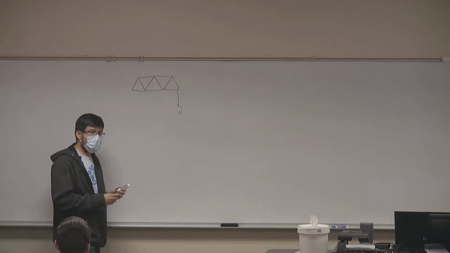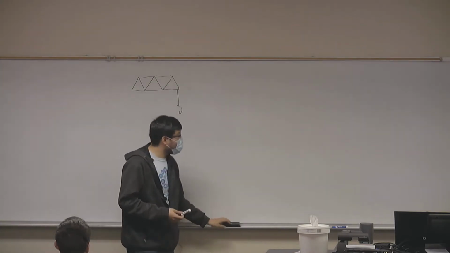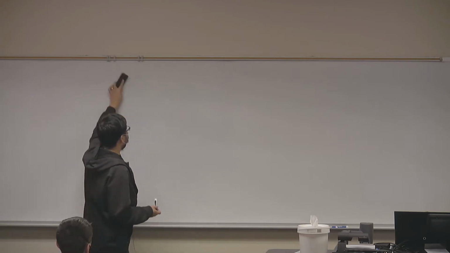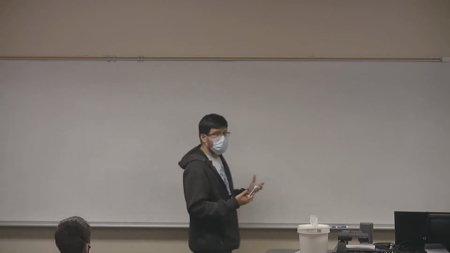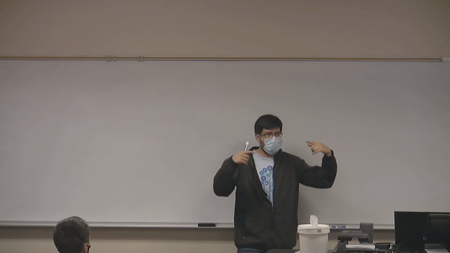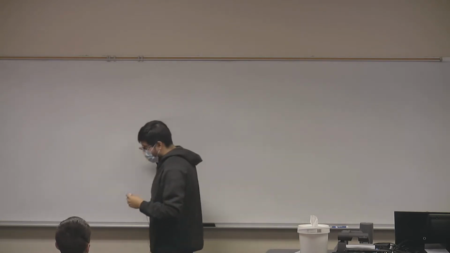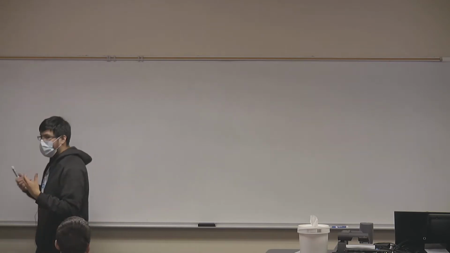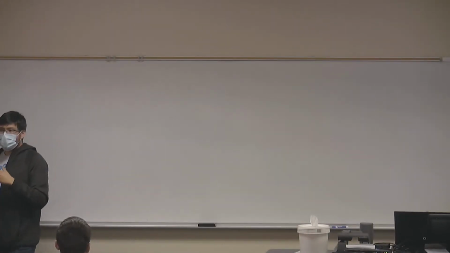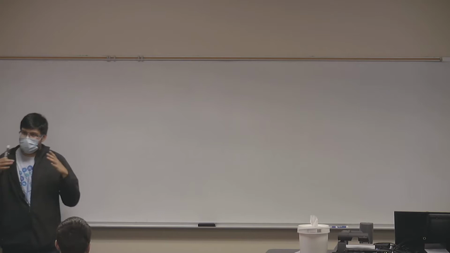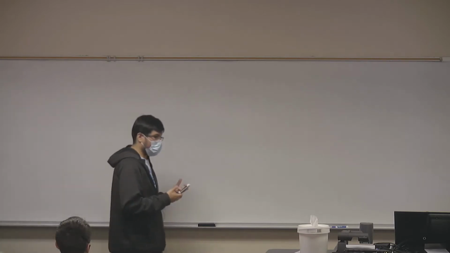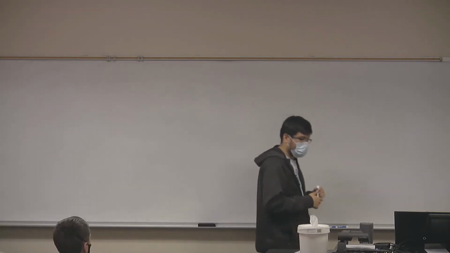Those are trusses. You may have seen them in the support of roofs, particularly wooden structures. You'll see that the roofs have these triangular shapes. Those are trusses. And the reason we use trusses is because they allow us to distribute the force in such a way that a smaller number of elements can withstand a larger amount of force.